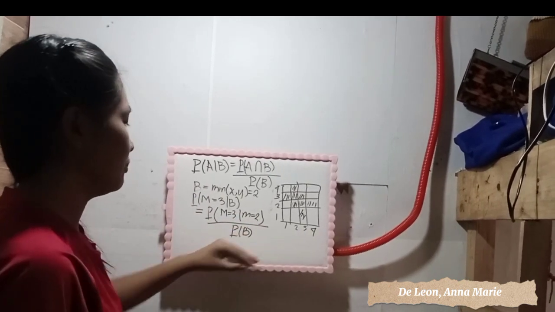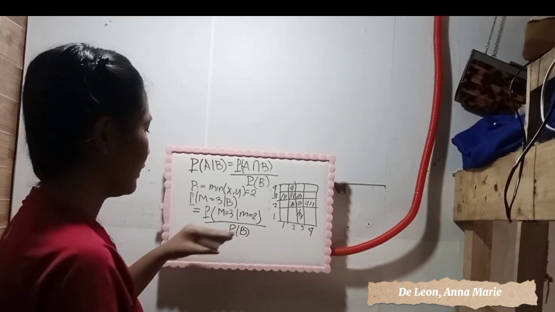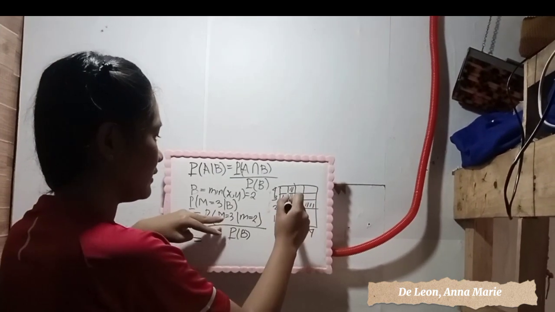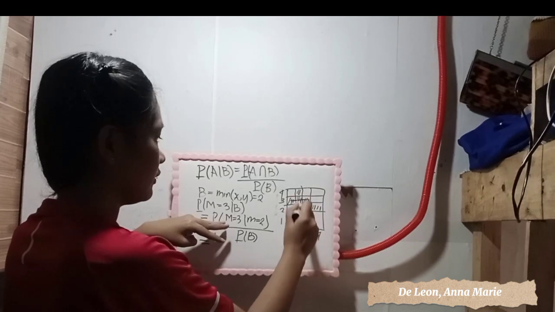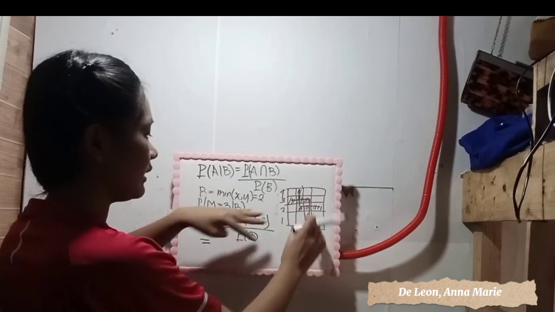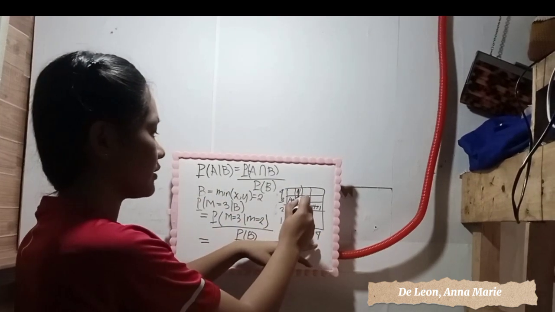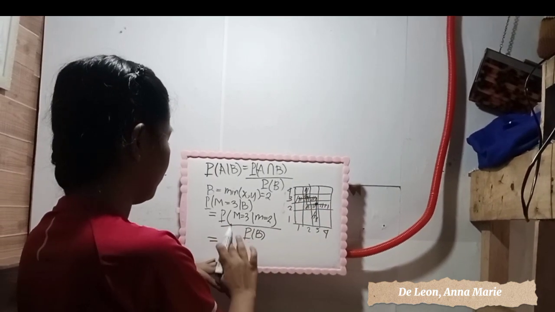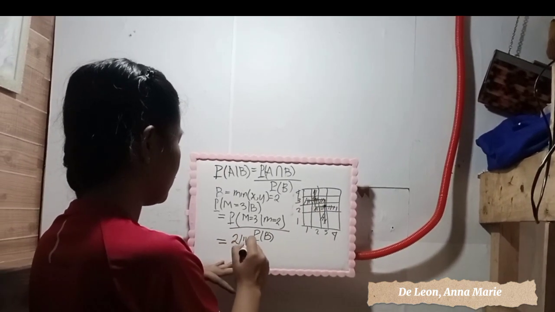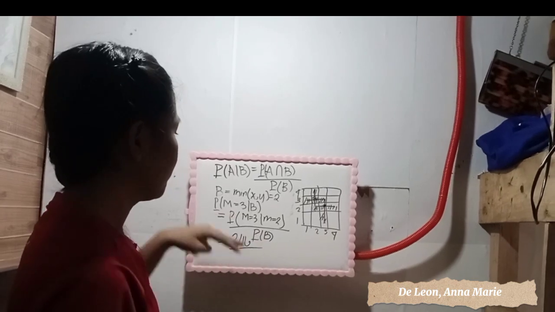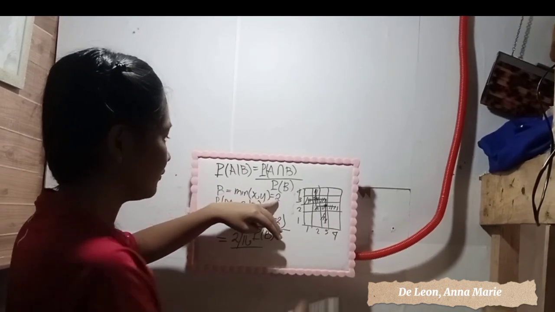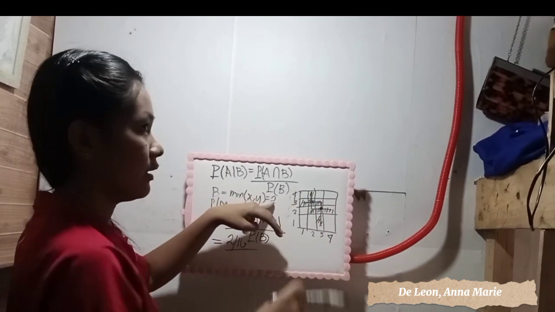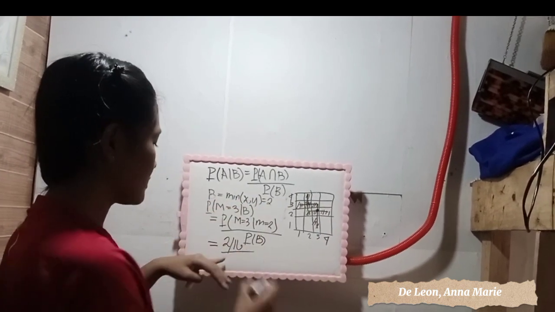The probability of B is equal to, first we're going to get the intersection of these events. So in this sample space, there are two intersections. So 2 over 16, and the minimum of 2 has 5 possible outcomes.